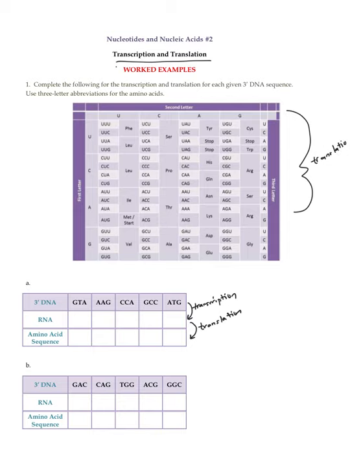This has all of your what are called codons, which are your three nitrogenous base sequences that turn into an amino acid.